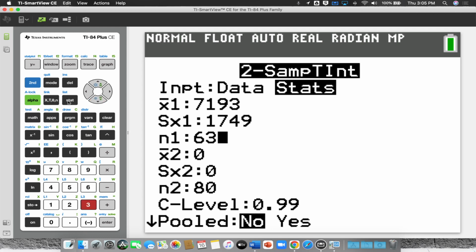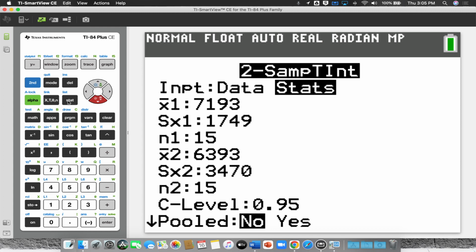Sample size, 15. Next one, Justin Timberlake: mean 6393, standard deviation 3470, sample size 15. Confidence level was 95%.